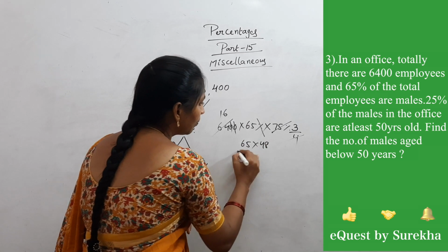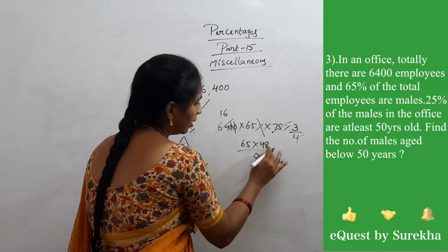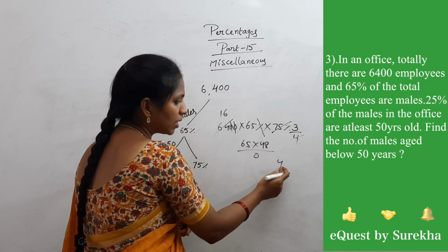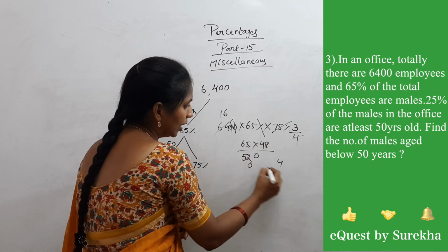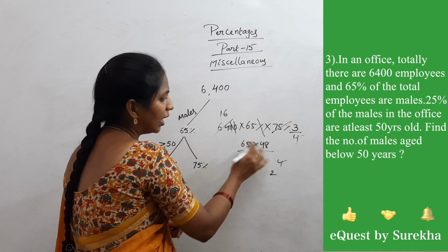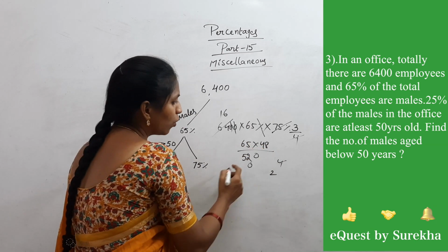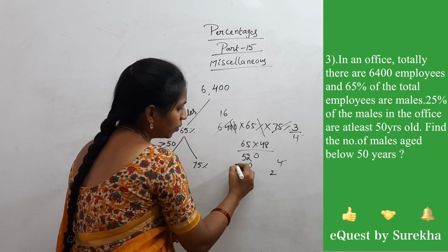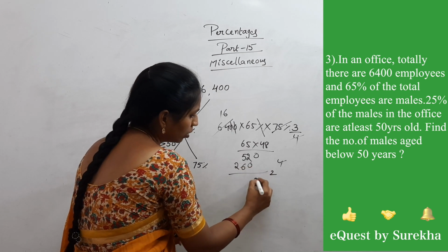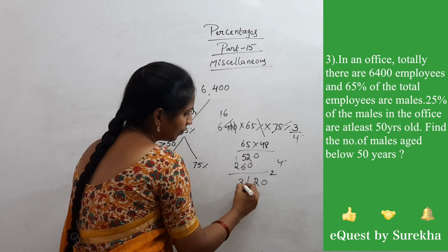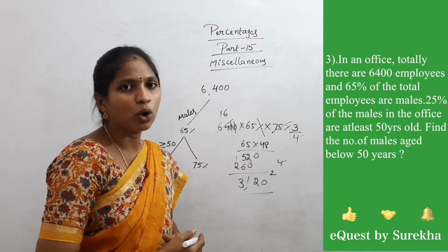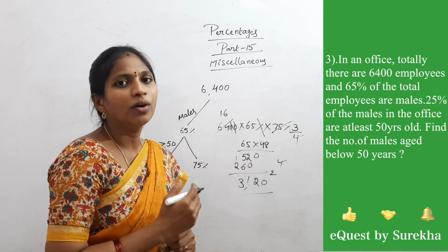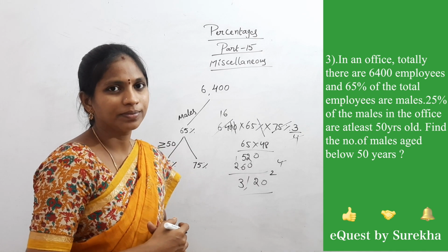Now calculate 40 and 48 plus 4, 52, 22 and 6 4s 24 plus 2, 26, 0, 2 and 1. 3,120 employees are below 50 years old.